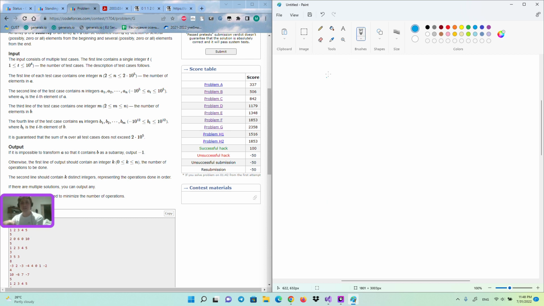So for example, we have number 13 in A. It means that actually it's 13 or 14. And in B, we have, for example, also 13. What does it mean?